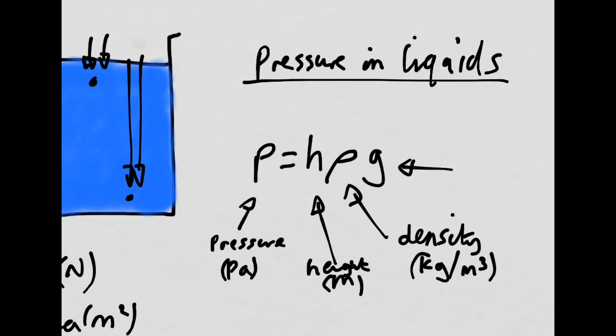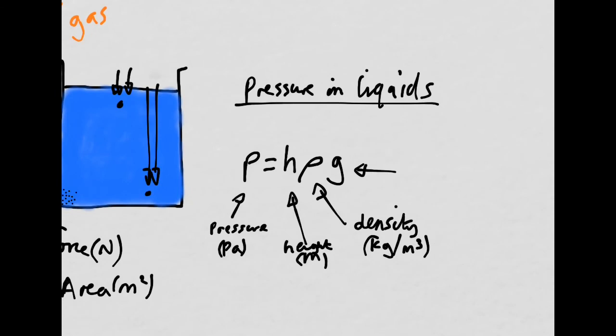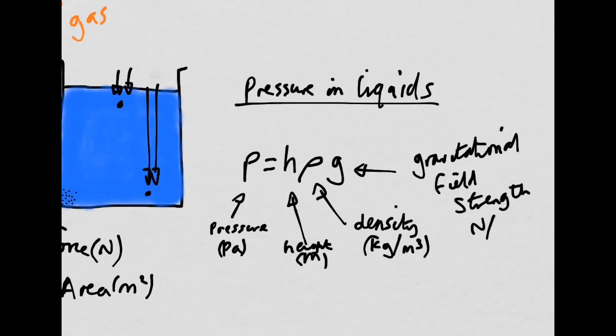Density is in kilograms per cubic meter, and then g, that's gravitational field strength. We've seen that before in the W equals mg equation. That's measured in newtons per kilogram. Right, so there's our equation.